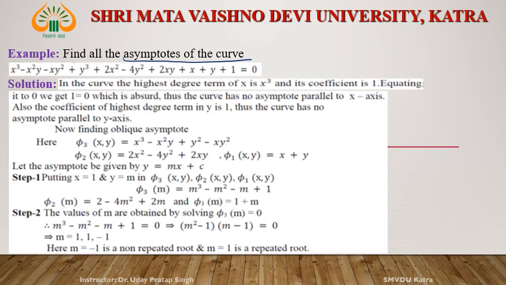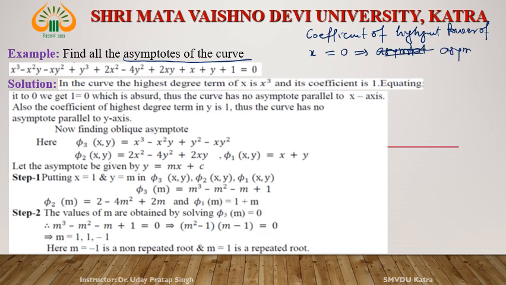For rectangular asymptotes, the coefficient of the highest power of x equal to 0 will give the asymptotes parallel to x-axis, right? Okay.